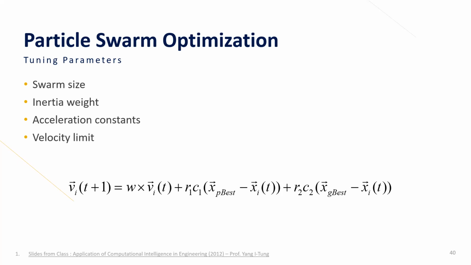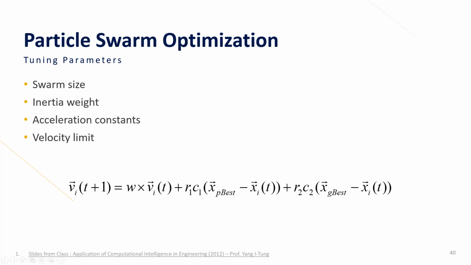Then the question is, how do you determine it? This is what we will learn in tuning parameters. But for now, the easiest way is to see from the previous literature what number they use for similar problems to yours, and try from that initial point before you add or reduce the swarm size. I think that's a good place to start.